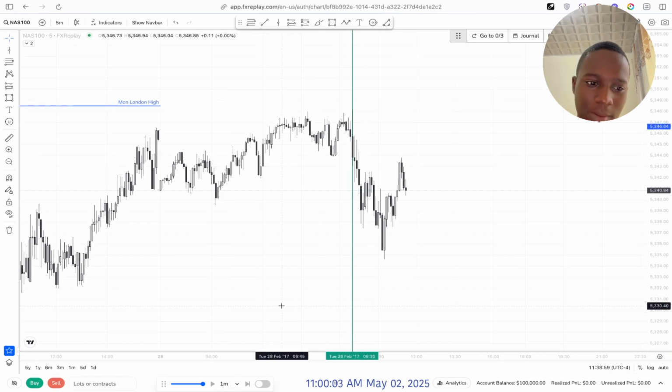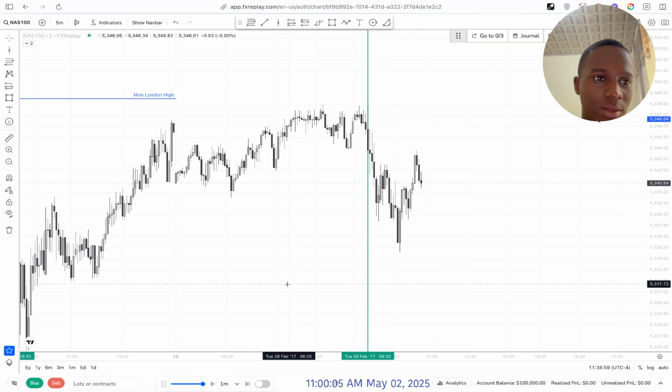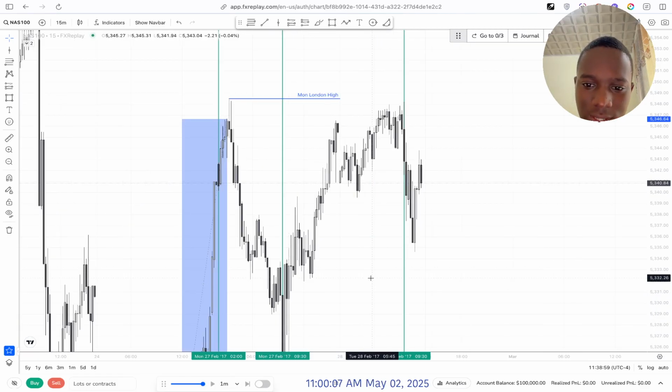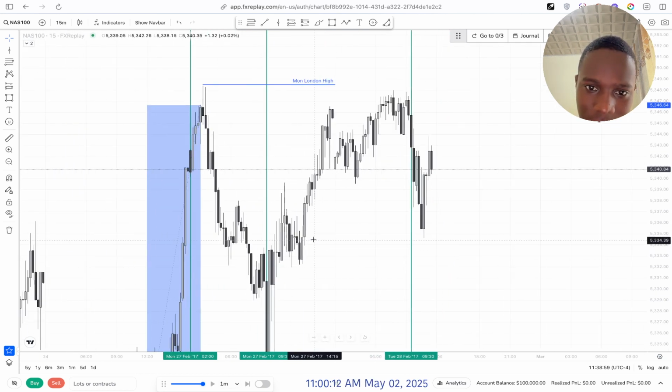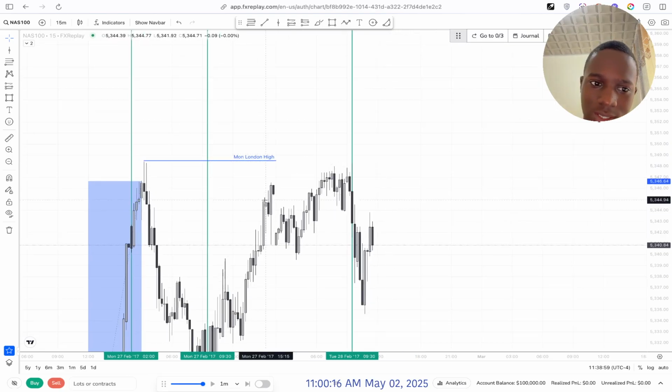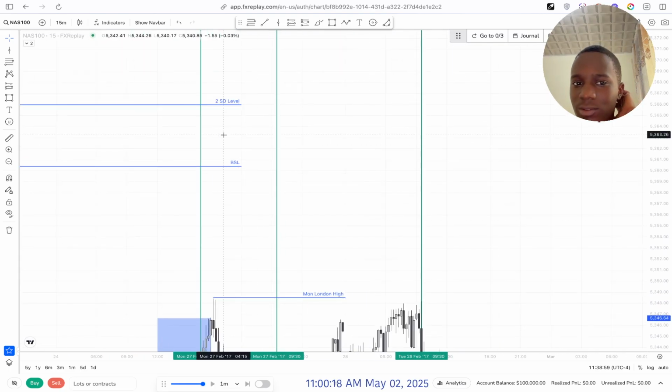Okay, so for me, my bias is bullish on this one. When we look at the 15-minute, you can see a reaction off of this order block, right? This one right here. Then hit it, then expecting to push higher, take out these equal highs, and maybe look out for these liquidity levels as well. So let's extend them.